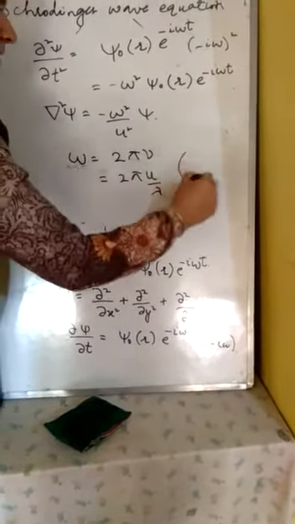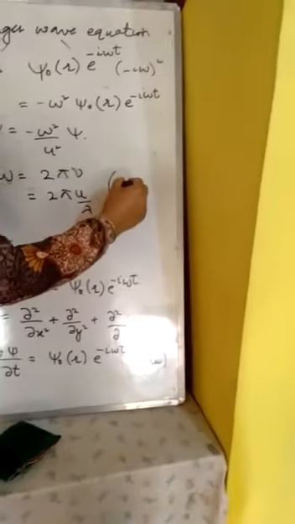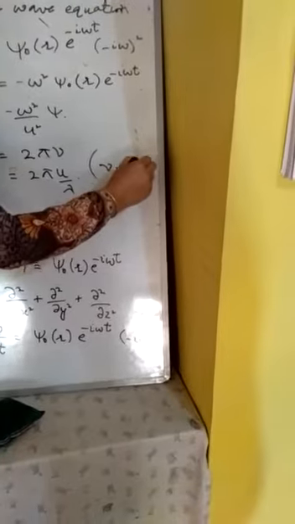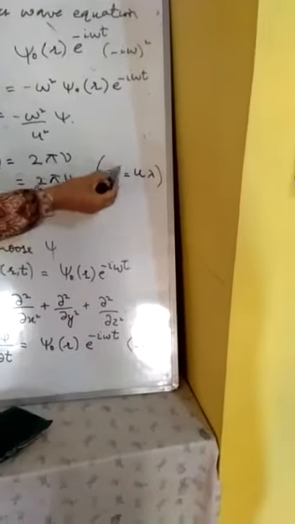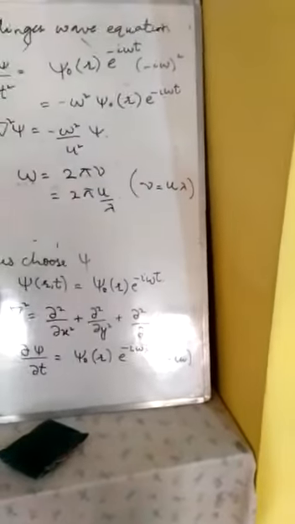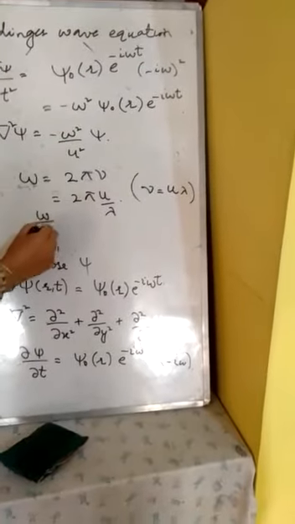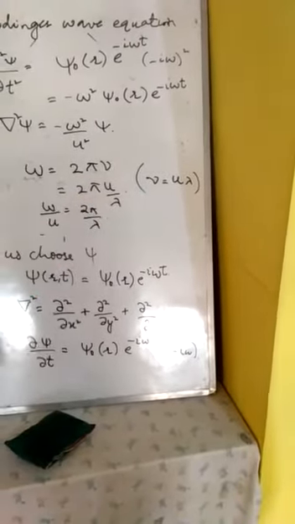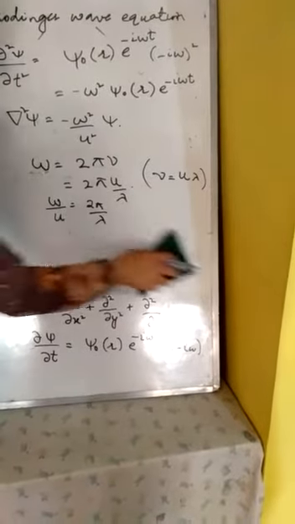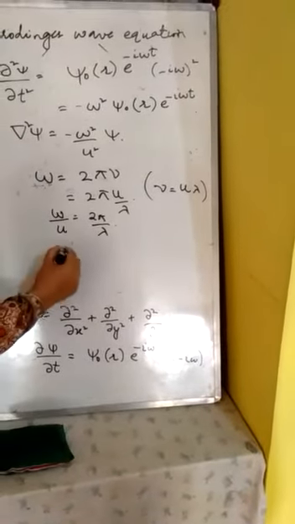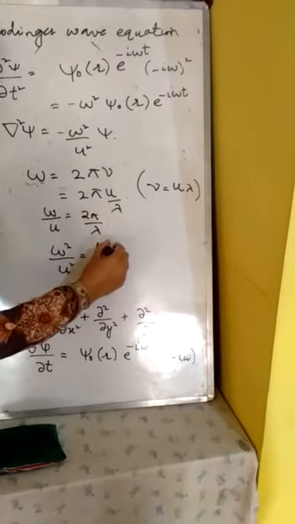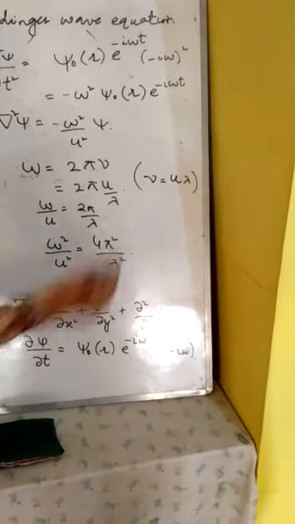I hope all of you are aware that nu is equal to u by lambda, the simple relation between wave velocity, its frequency, and wavelength. So omega by u is equal to how much? 2 pi by lambda. This implies that omega square by u square is equal to 4 pi square by lambda square.